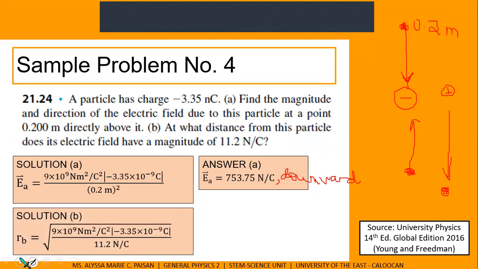And then for R B, we substitute again, and then the answer is 1.64 meters. So again, those two, although the charge is equal, pareho naman 3.35 nanocoulomb, dahil magkaiba sila ng distance, or yung points natin ay magkaiba ng distance from our charge or from our source charge, magkaiba din yung electric field strength na na-experience nila.